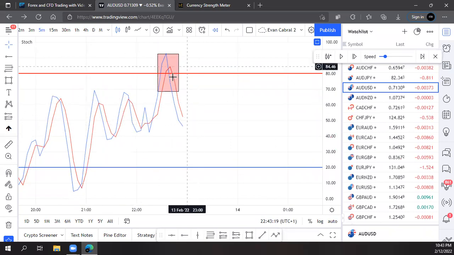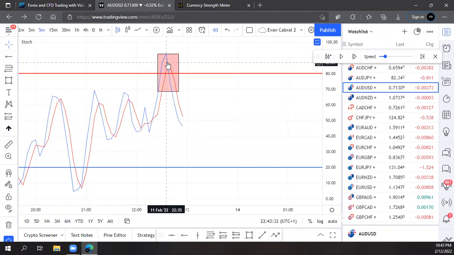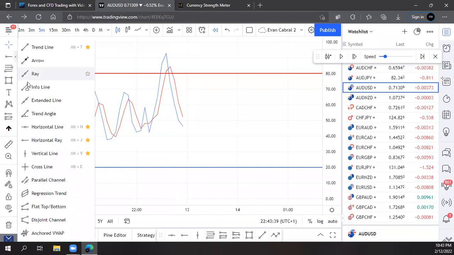But for a sell, what happens? The red one comes on top of the blue one. So normally, where you'll be taking your entry is at the cross, at the crossing. Let me point out what I'm talking about. It's at this crossing.